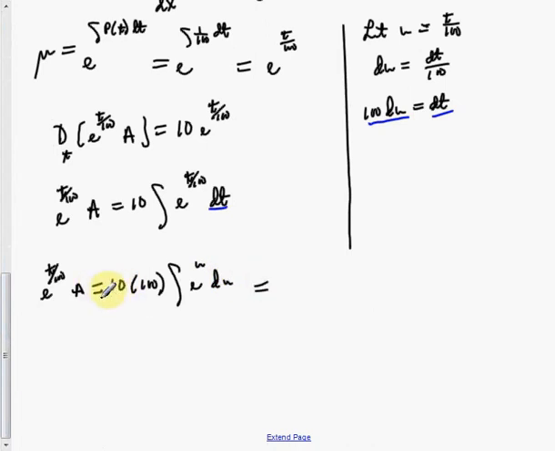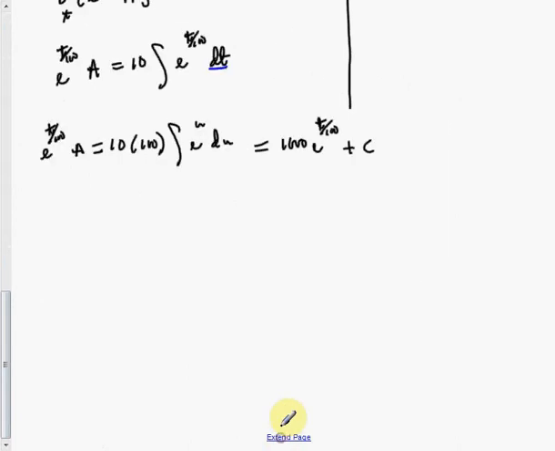So this is just 1,000 times e to the u plus some constant. So 1,000 times e to the u, and that u is t over 100, plus some constant. So let's see what we have. This is e to the t over 100 times A is equal to 1,000 times e to the t over 100 plus C.